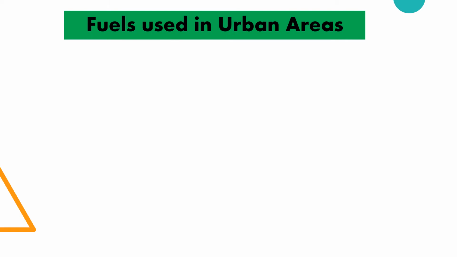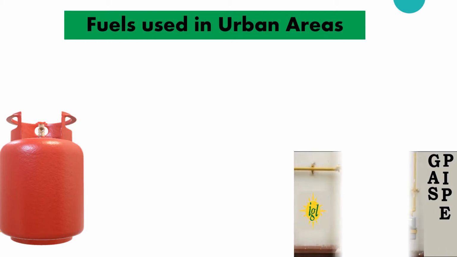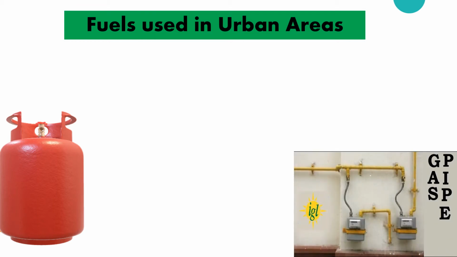What are the fuels used in urban areas? Most of the people, they use LPG gas cylinders. What is LPG gas? Liquefied petroleum gas. Now, some people, they use gas pipelines. What is that? That's also a form of natural gas.